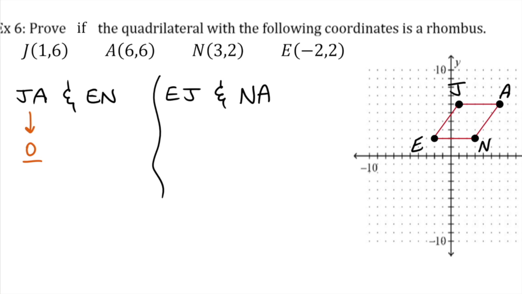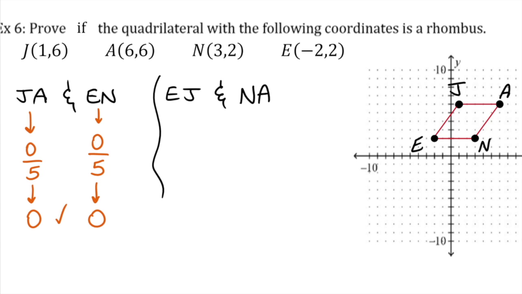My run is 1, 2, 3, 4, 5. So 0 over 5 is the same thing as just 0. From E to N, it looks like it's about the same thing. It's 0 over 5, which is just 0. So those are parallel. That checks out. That's good that those match.